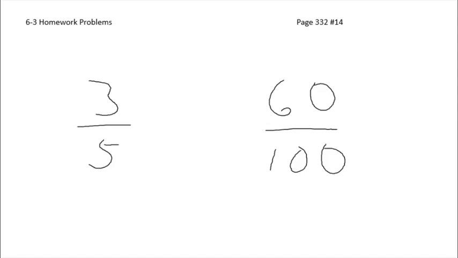And right off the bat, we can see that if we multiply 5 times 20, that's going to give us 100. And if we multiply 3 times 20, that's going to give us 60. So the answer is yes, the size of the poster is proportional to the size of the picture.